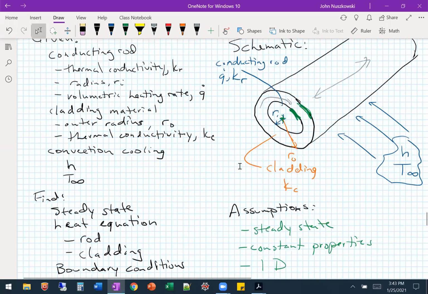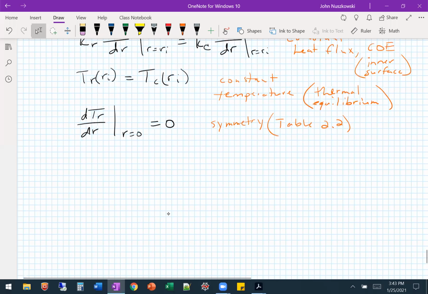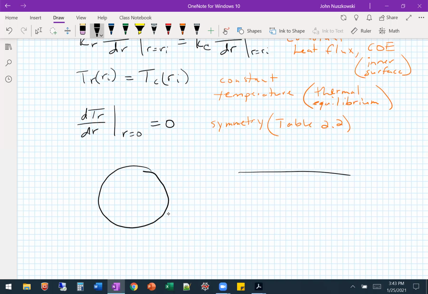So what we have in this case, if you look at this, everything heat transfer wise would radiate from the center. Okay, so let's draw some diagrams here. If we looked at it this way, or say from the side view, and we did our temperature profile, you have the center, right?